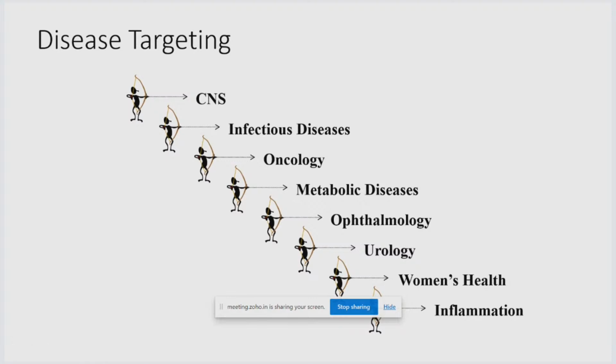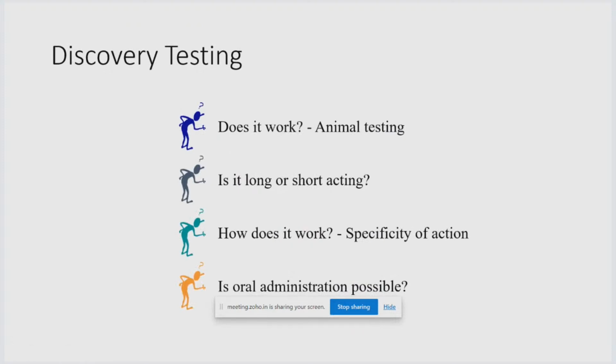Accordingly the scientists choose the disease on which they want to work. Then after this, discovery testing starts: does it work, they test in animals, how long or short acting it is, the PK/PD, how it works, the mechanism of action. They also decide which route they can try, whether they give it orally or intramuscularly, whatever the route can be.